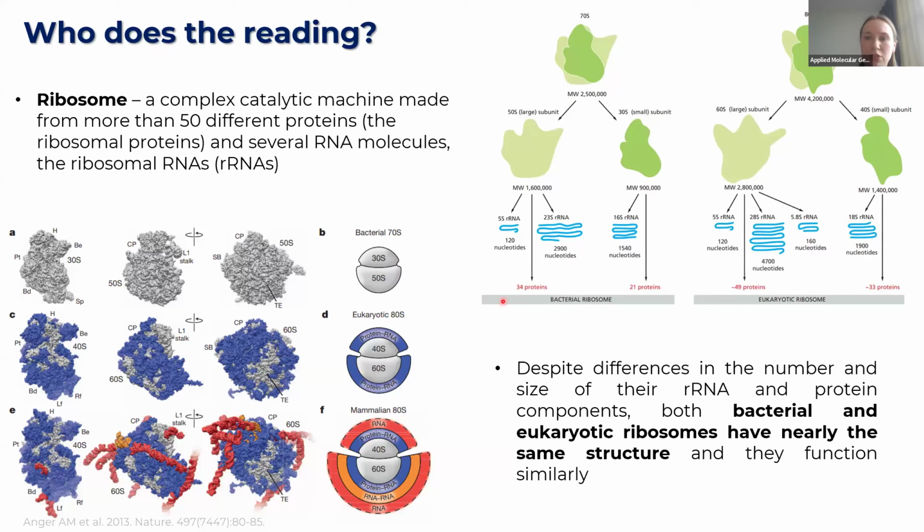The bacterial ribosome is smaller than a eukaryotic one, and it is depicted here in gray. So this is a bacterial ribosome. The majority of the rRNA and ribosomal proteins that constitute the bacterial ribosome are conserved in eukaryotes, and therefore they are considered to form the core of the ribosome. Here you can see the similar core, this gray core of the ribosome.